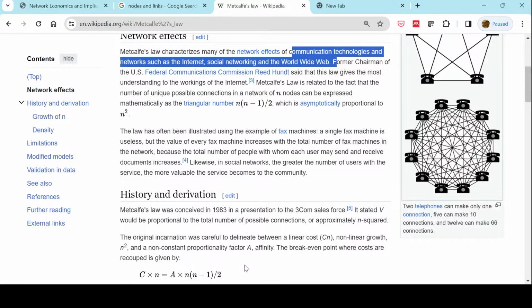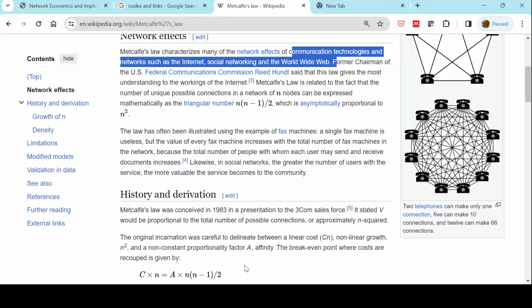That's network externalities feeding into network economics through what we call network effects. So telegraph, fax machine, this network.